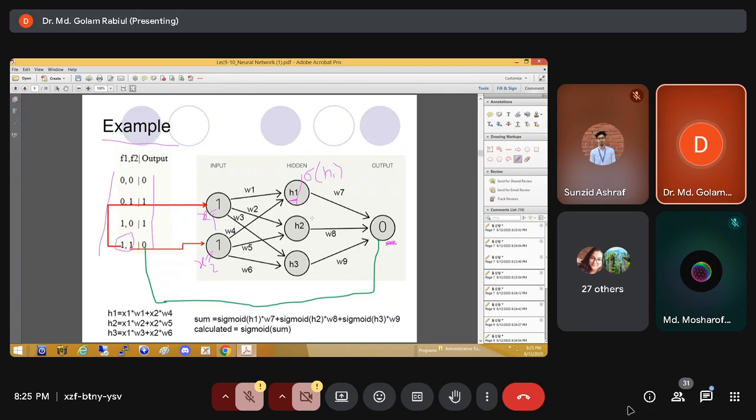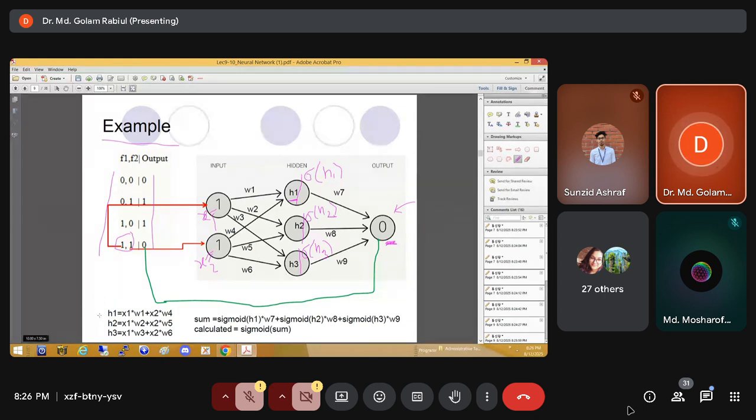Similarly for H2, we pass through the sigmoid function, and we got the hidden layer results. Similarly for H3, we passed through the sigmoid activation function, and we got the hidden layer results. These hidden layer results will be the input of the output layer neurons.